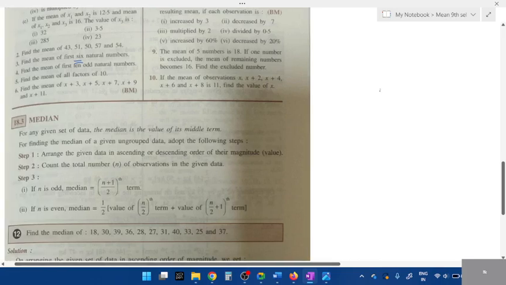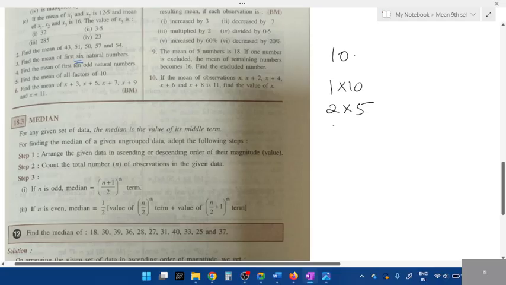Okay, find the mean of factors of 10. What do you mean by factors of 10? Factors of 10 are nothing but what are the different tables you get 10 in, students? 1 into 10, next 2 into 5. Does 3 go in 10?